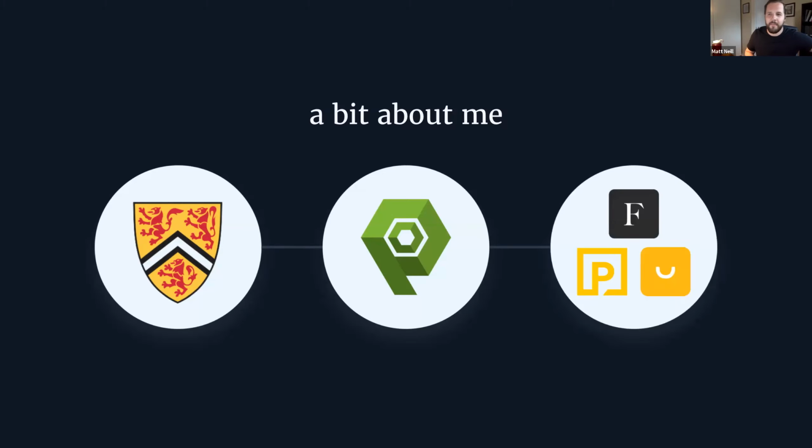And then after my startup died a slow, painful death, I moved over to work for a company called Post Media, which has an innovation lab here in Kitchener. I moved over to a startup called Smile.io. Shout out to Joe. And after that, I moved to a company called Faire, where I'm currently a product designer.